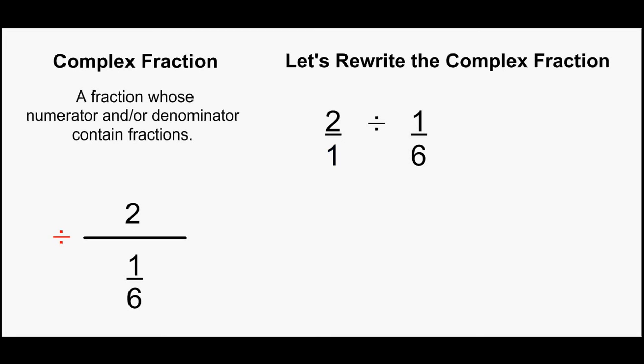Now, we write the first fraction just like it is, change division to multiplication, and write the reciprocal of the second fraction. 1/6 becomes 6/1. Now, we multiply straight across.